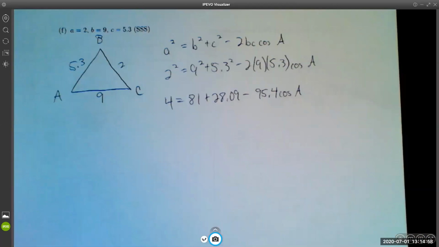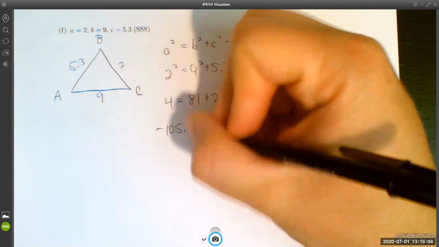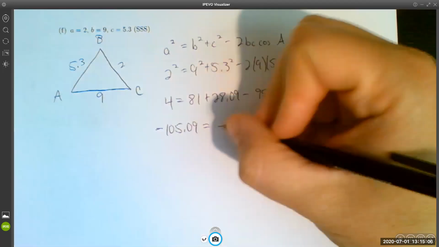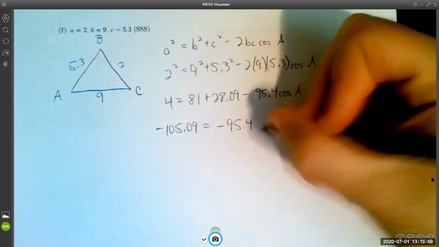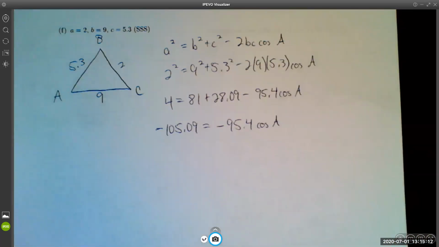So 4 minus 109.09 is negative 105.09 equals negative 95.4 cosine A. And we can solve for cosine A by dividing by negative 95.4.